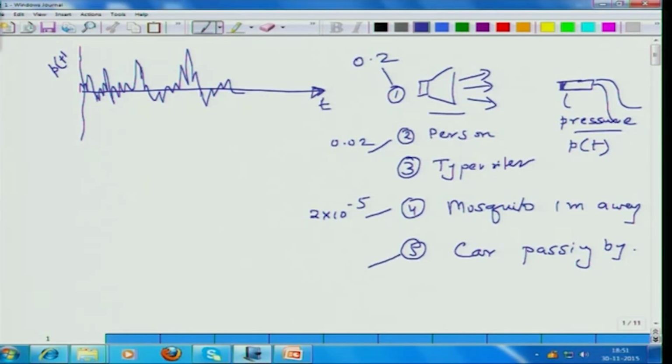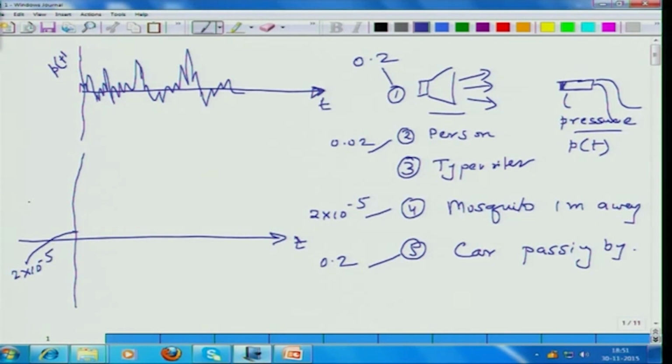If it is a car, then it would again be something like 0.2 pascals. So these are some broad numbers. But the point I am trying to make is that if I have to plot all these values on the same y-axis, so this is my time, let's say this is my mosquito, so this is 2 times 10 to the power of minus 5 pascals, this is my pressure.